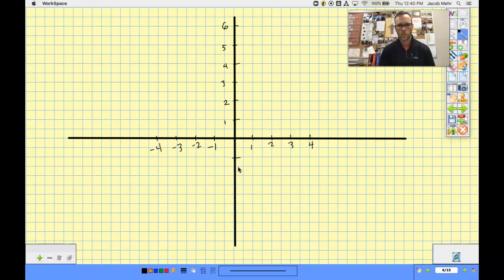There we go. So let's put in our vertical asymptotes, which were at plus or minus 2.